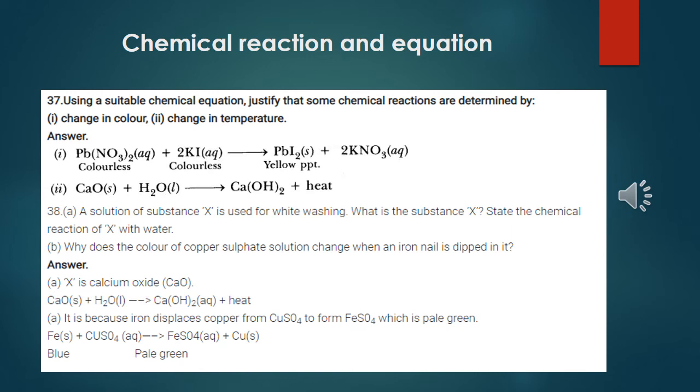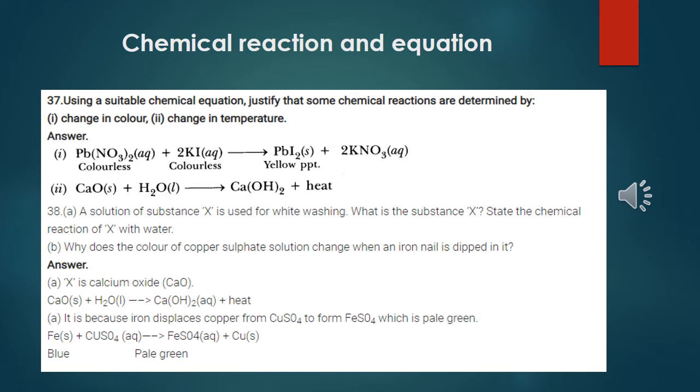And number two, you can see calcium oxide reacts with water to form calcium hydroxide and heat. This is a very important reaction. Calcium oxide is quick lime, it reacts with water to form calcium hydroxide, slaked lime, and along with that heat is also produced. So in this reaction temperature changes.